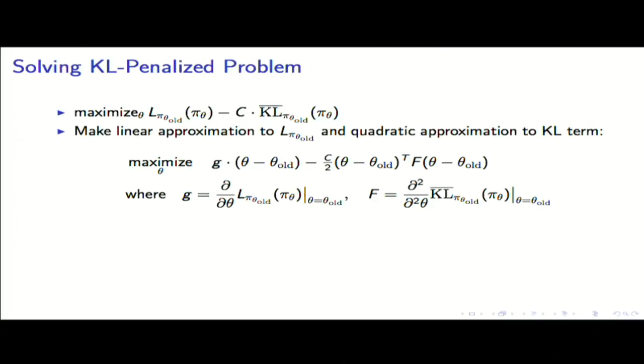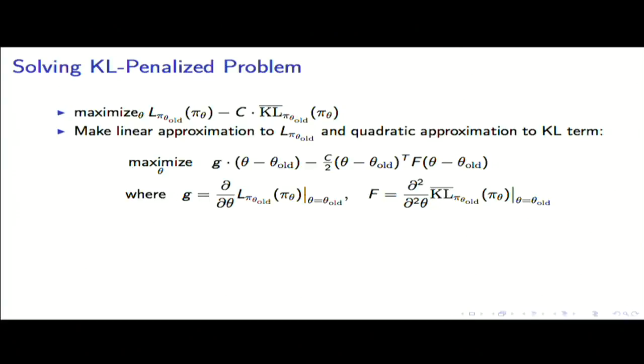If we really wanted to make a quadratic approximation to the objective, there would also be a quadratic term coming from L. But we're going to omit that term because it ends up being negligible compared to the quadratic term from the KL divergence. And if we included it, our F would no longer be positive semi-definite, because if the function isn't convex, its Hessian isn't positive semi-definite, and there's no reason to believe that L is convex.